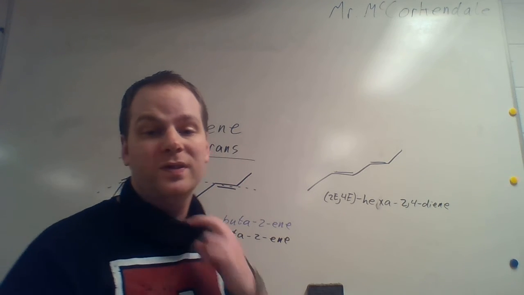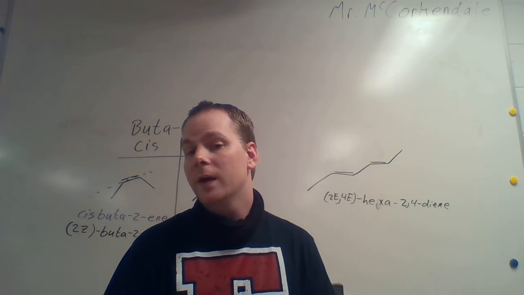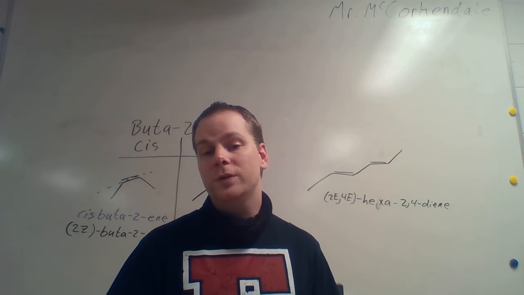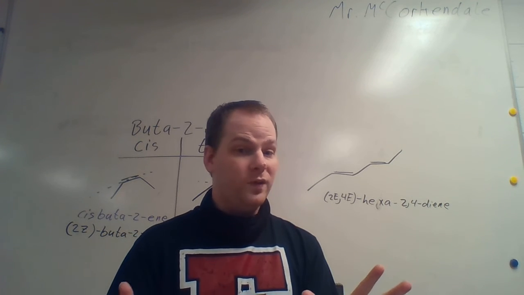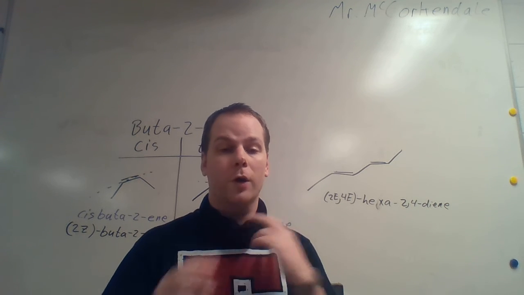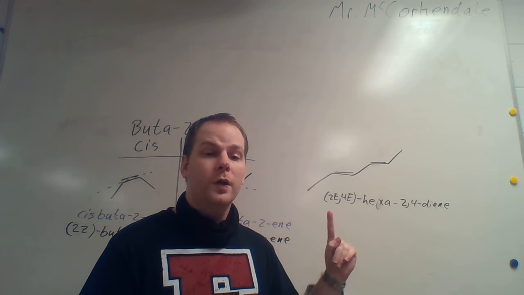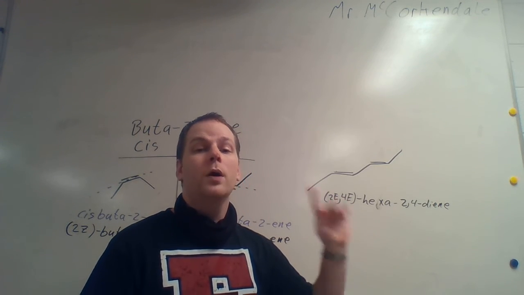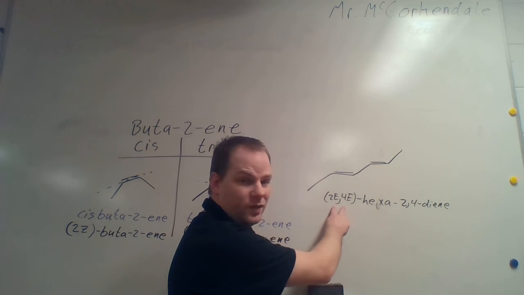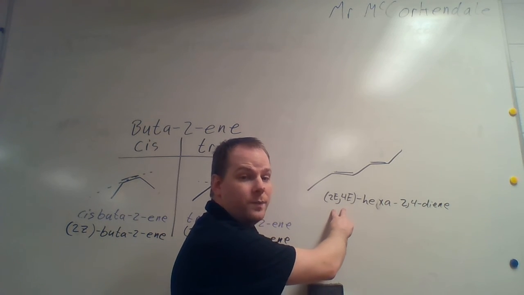Now, I am posting a worksheet 6 today, and that is going to have small compounds. All you have to do is identify the parent, but you have to tell me whether the double bonds are cis or trans by noting this information. So all you have to do is give me this. Now, clarification. This is not part of the parent. This goes at the very beginning of the name.